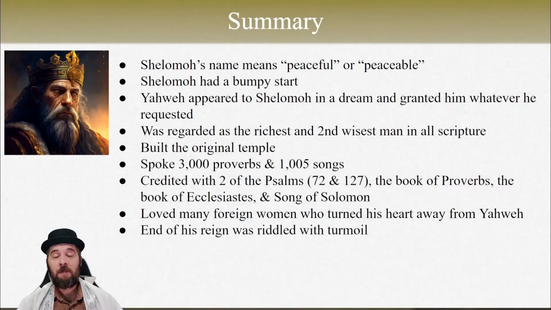And at the end of his reign, it was riddled with adversaries and, well, thorns in his side. And after he died, his reign was taken from him and the country split into 2 because of what he had done. And that's just the God honest truth.